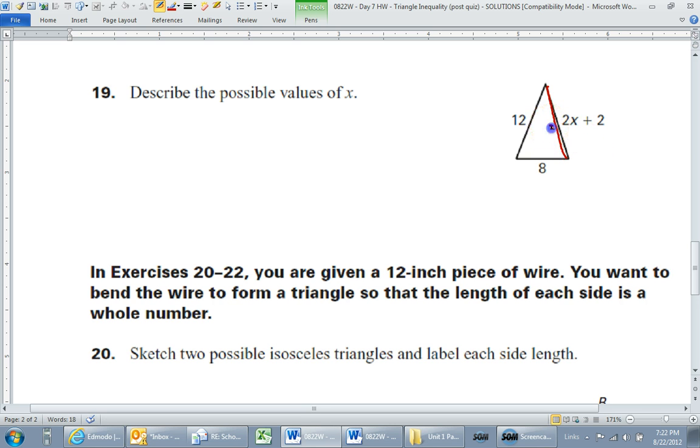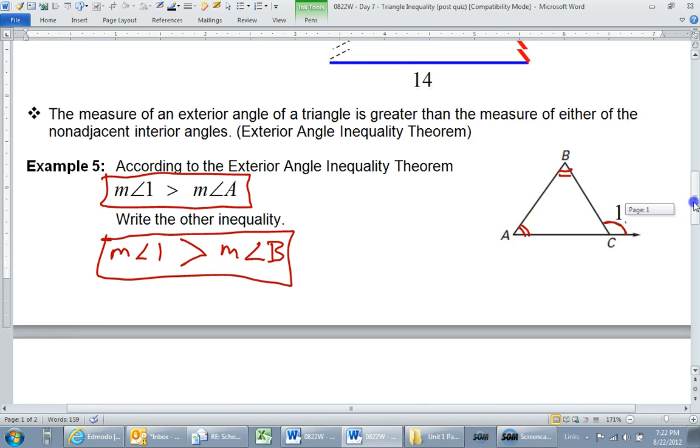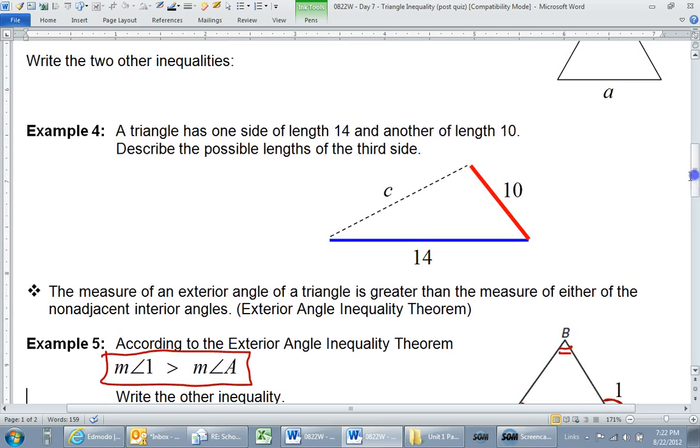In fact, can we call this C for a minute? So remember back at the lesson when we did example 4, if we were given two lengths like the 14 and the 10, and if I asked you the possible lengths of C, do you remember what the lower limit and the upper limit were?